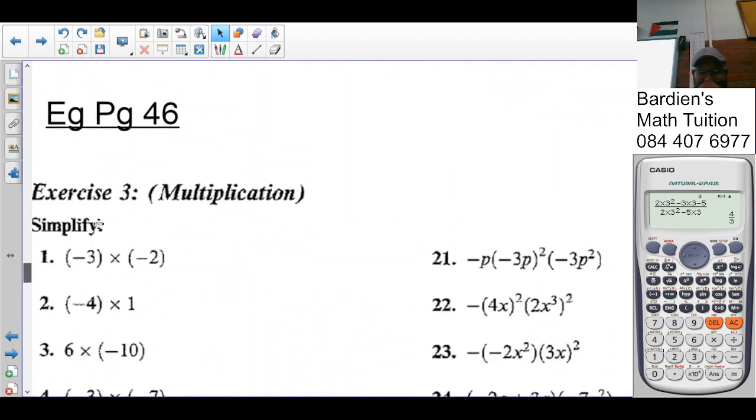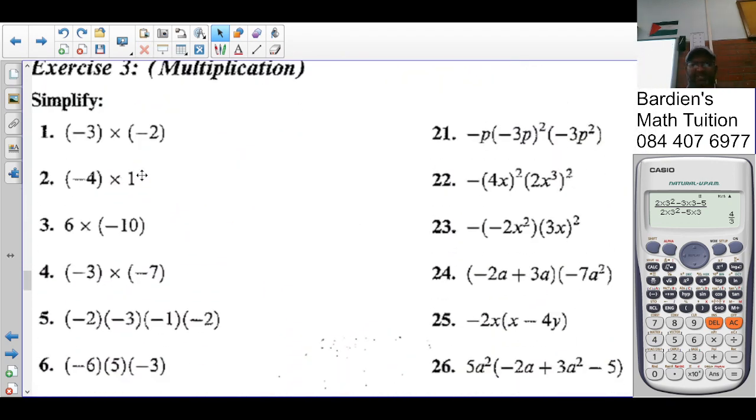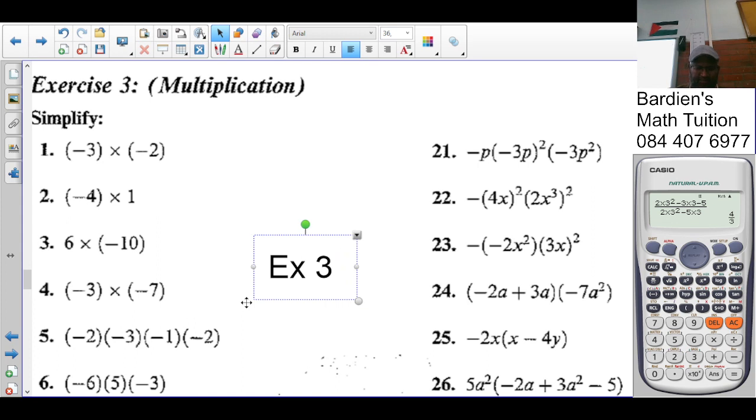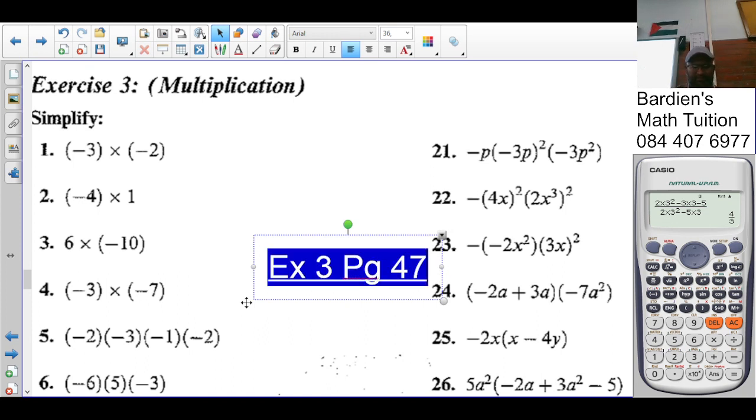This is exercise 3, page 47. Is that 46? 46 or 7?